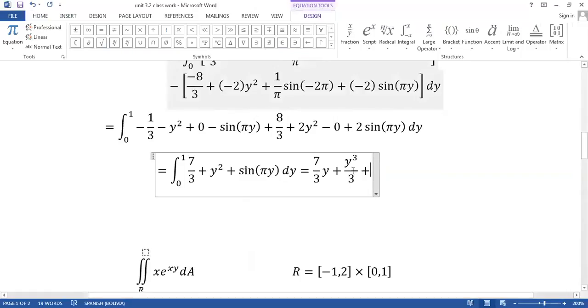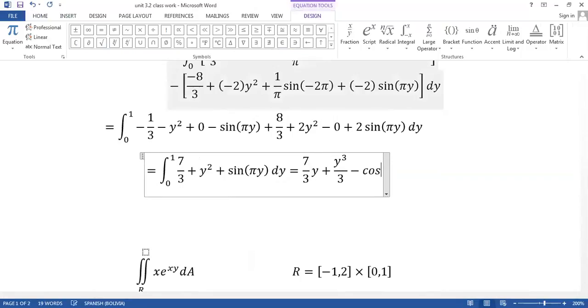Yeah, it would be negative cosine though. The integral of sine is negative cosine. So it's minus cosine.